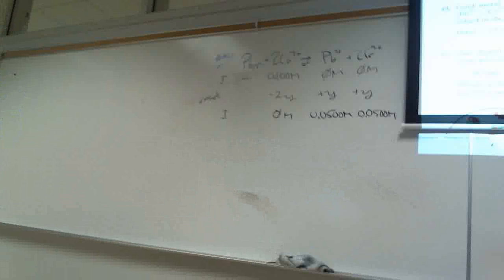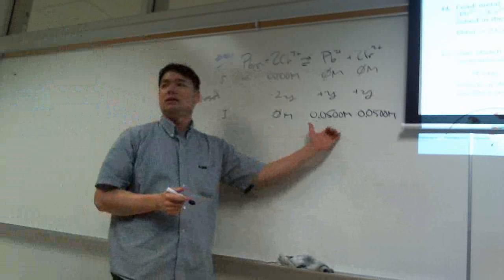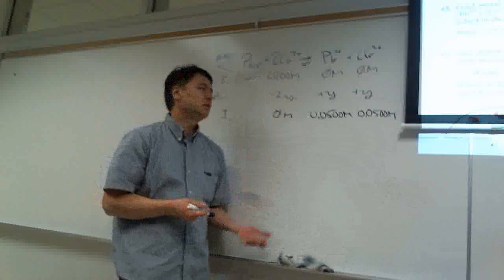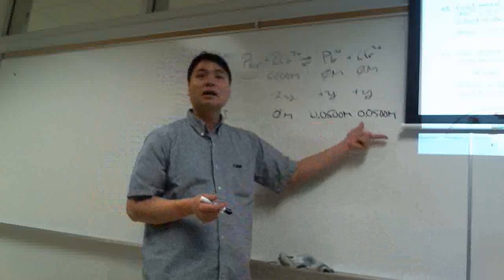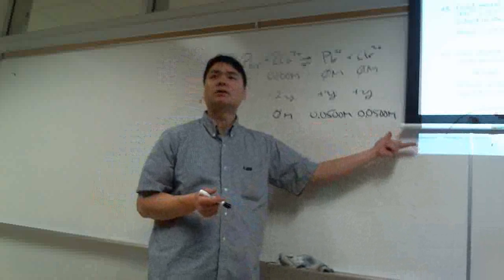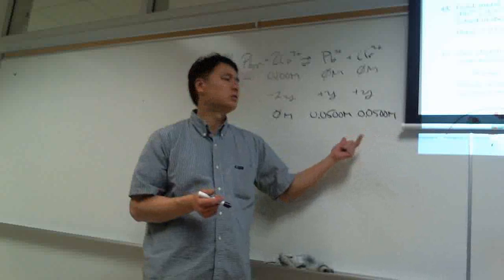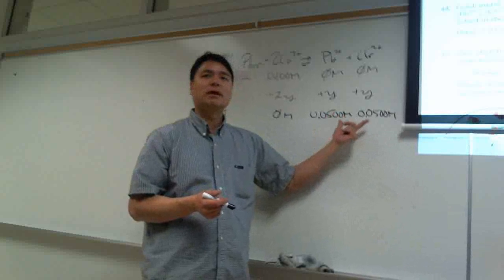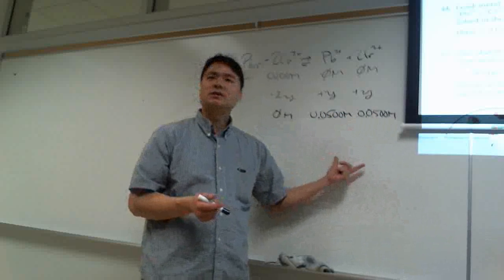This looks like a poor set of initial conditions because the change is going to be huge. And so, let's say the change were 0.04999999999. What would your calculator round that to? Your calculator would round it to 0.0500 and 0.0500, right? And you'd end up with 0 and 0.